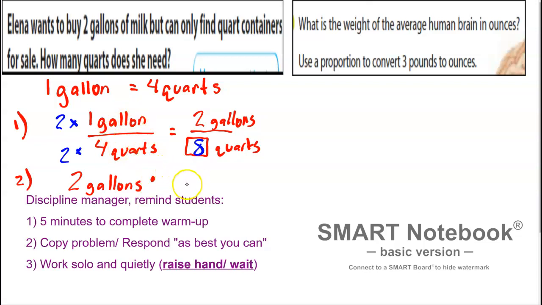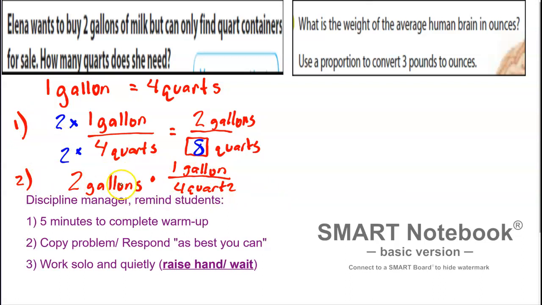Pay attention here. Let's say I put 1 gallon over 4 quarts. This one's new, the second method. If you like the first method, you're fine, but just listen to this one.